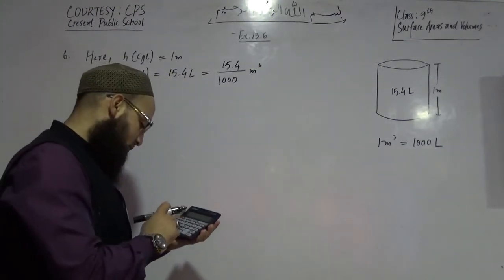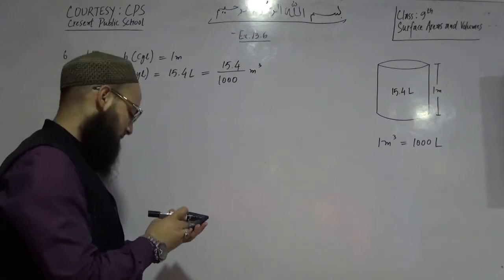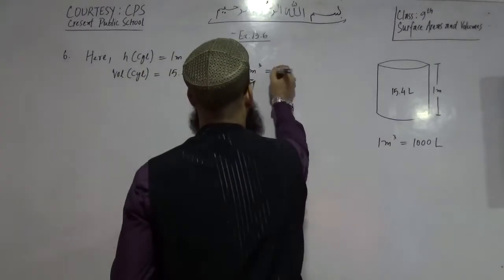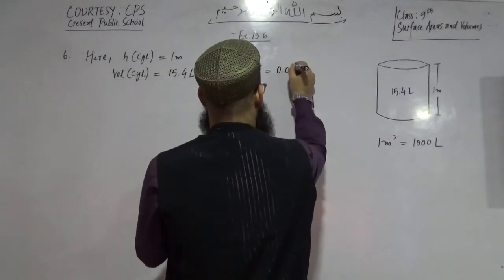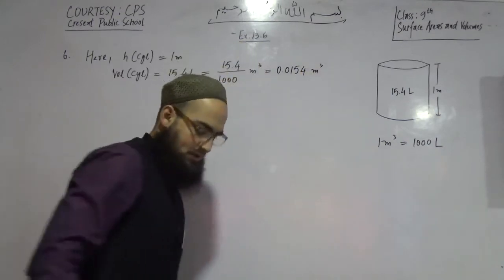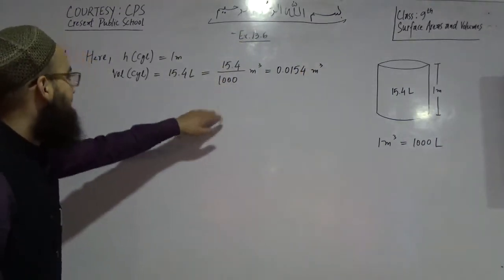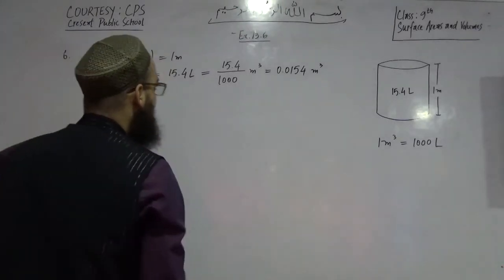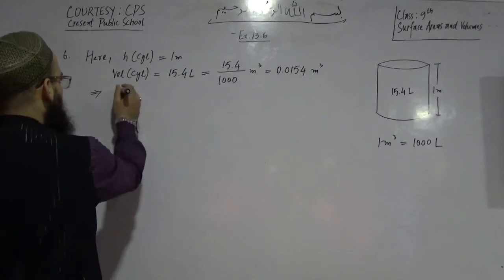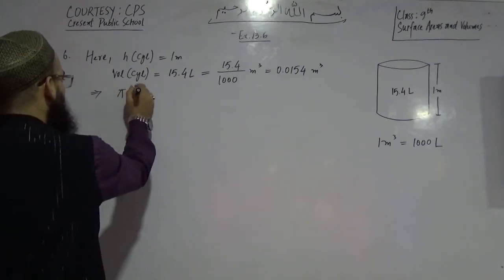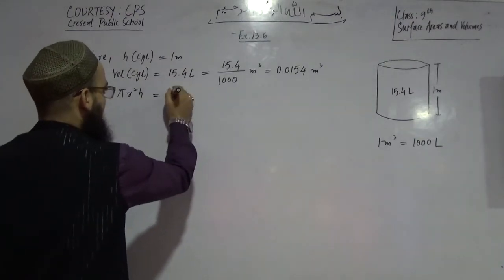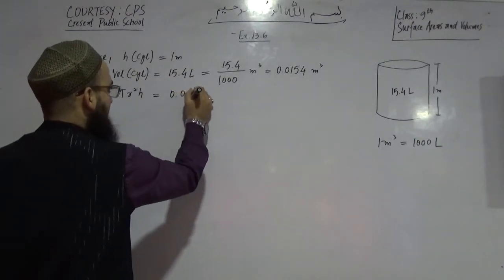So 15.4 divided by 1000, that will give you 0.0154 cubic meters. Now that is your volume, which implies that you can find volume by applying the formula pi r square h, and equate it with 0.0154.